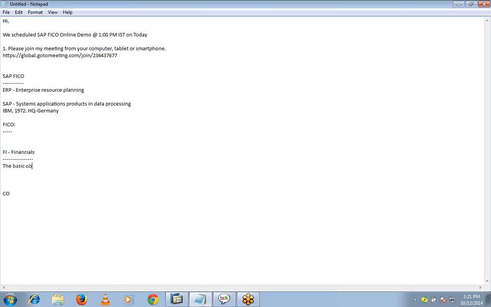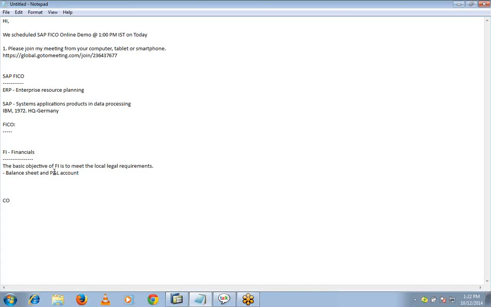That is nothing but the balance sheet and profit and loss account, the P&L account. This is the main purpose for FI implementation in any organization.